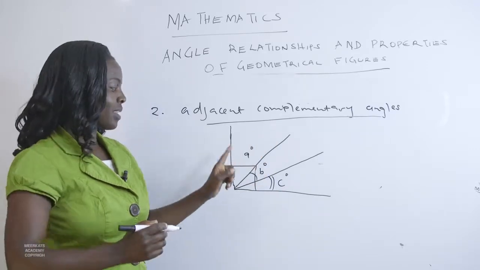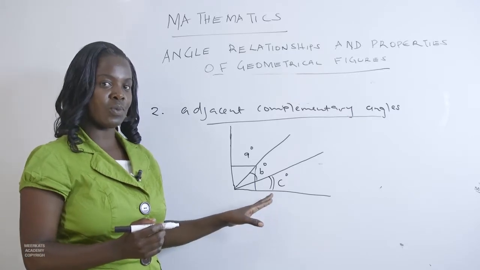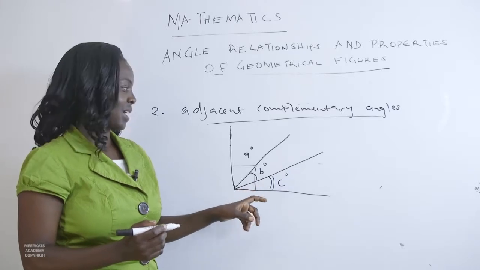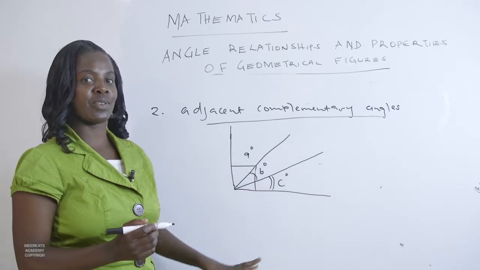We are saying these are not complementary angles because they are three. Complementary angles should be two, whose measures add up to 90 degrees. So when we have these angles here, we say A, B, and C are not complementary.